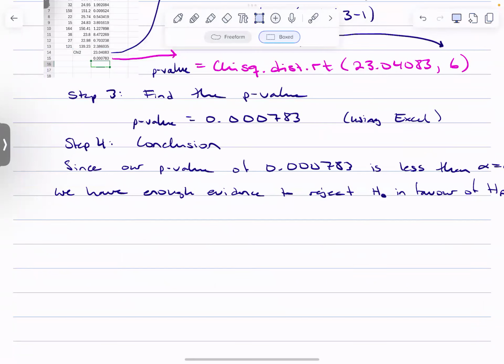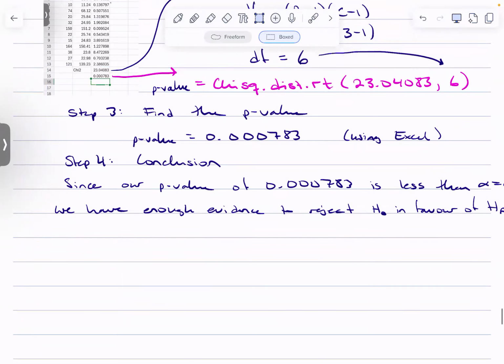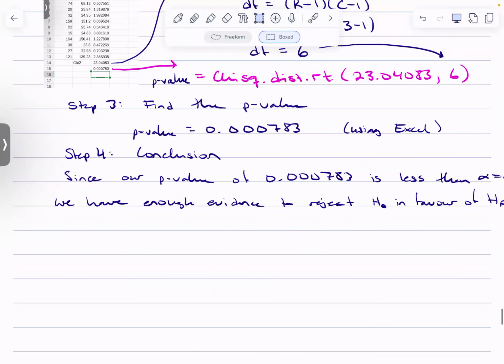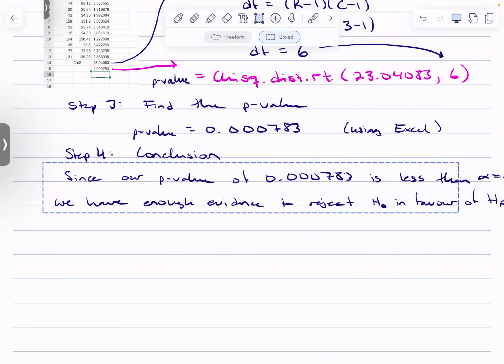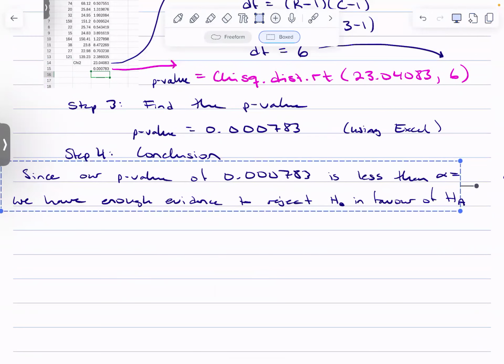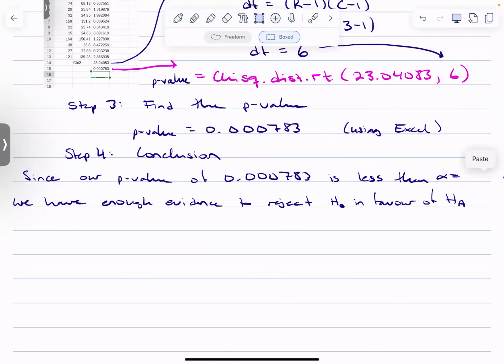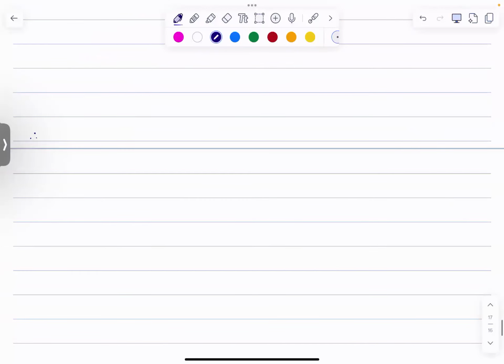Like nothing happened. Oh, except I need to move this over. It's lost forever off the page. But what's nice is now I have room to do my conclusion.